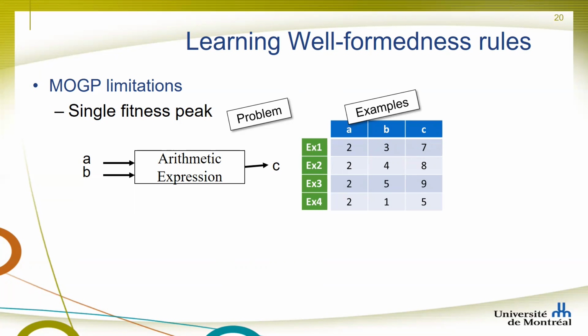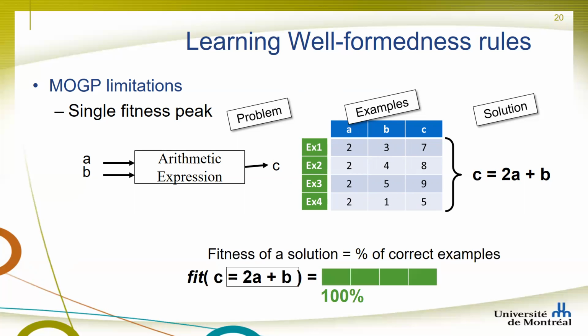So I have this set of examples, and the idea is, what is the arithmetic expression that produces this output starting from this input? Okay, so one possibility is to say C equals A plus B, and it works every time. Okay, 100% fitness, this is perfect.